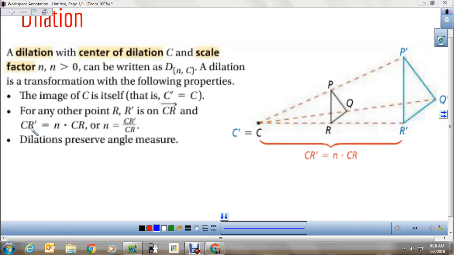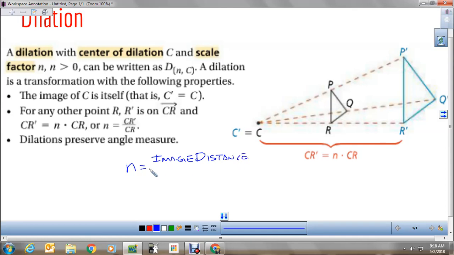This is the image, which is equal to the scale factor times the pre-image length. So if you divide by the pre-image length, it's going to be the image over pre-image is equal to your scale factor. So what I would do is write yourself a note, where N is our scale factor, it is going to be the image distance over your pre-image distance.